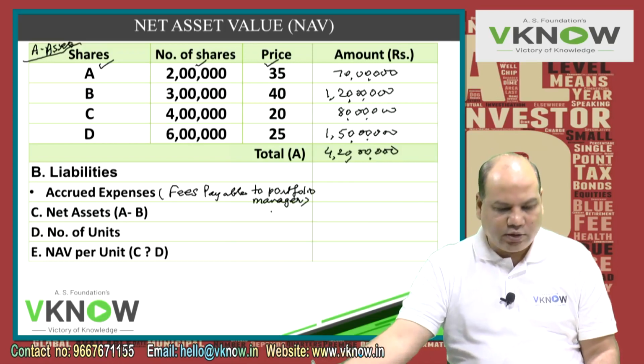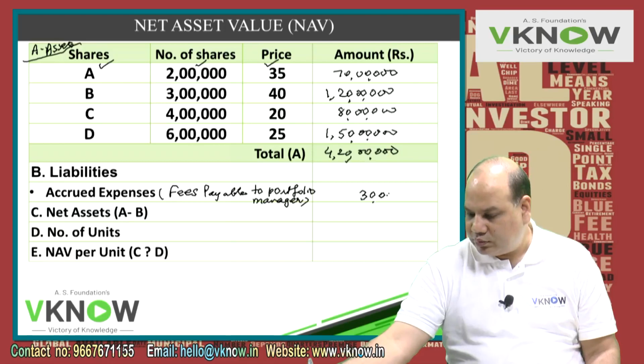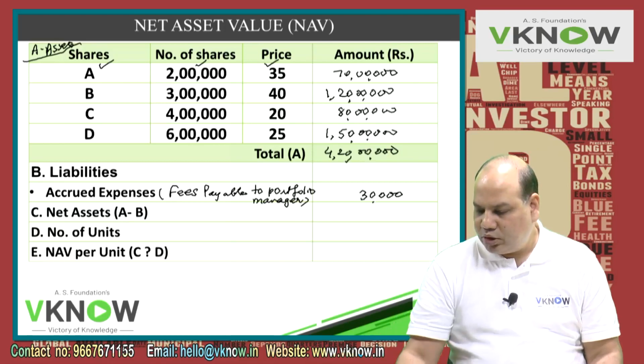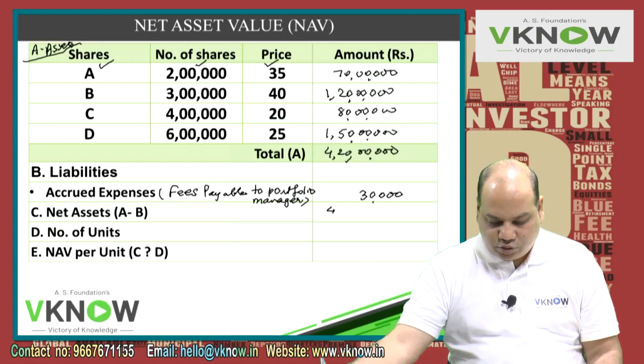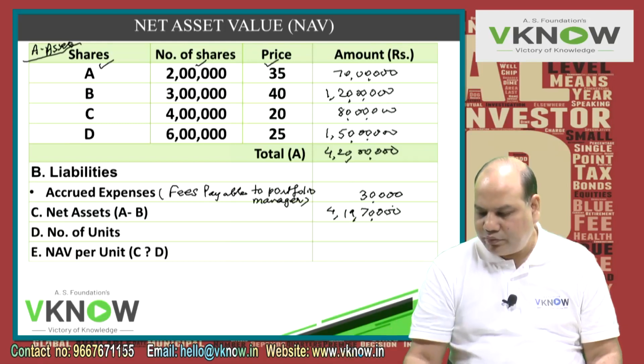How much is that given in the starting line? 30,000. So therefore net asset will be 4 crore, how much? 19 lakh 70,000. 4 crore 19 lakh 70,000.